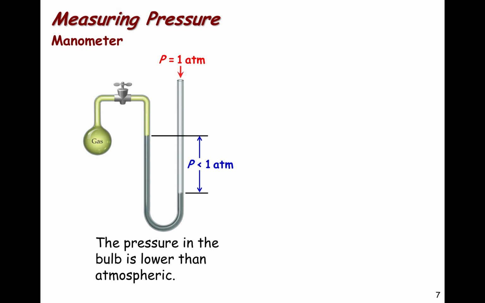We see that the height of the mercury on the left side of the U-tube is higher than the height of the mercury on the right-hand side, and this means that the pressure inside of the glass bulb must be lower than the atmospheric pressure of air pushing down on the right-hand side. And so the difference in the heights of the two must represent the pressure difference between the two gases. In this case, the pressure inside of the glass bulb is less than 1 atmosphere of pressure.